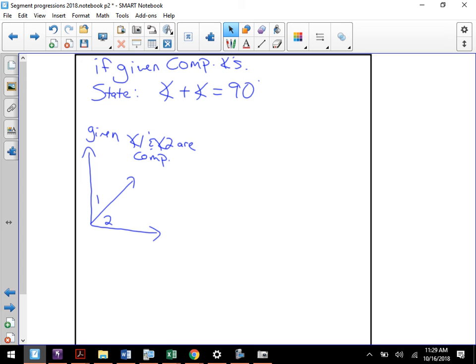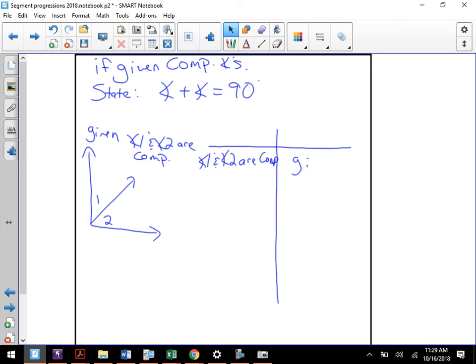As you start setting this up and writing the things out, same idea. You'd state your given, angle 1 and angle 2 are complementary.